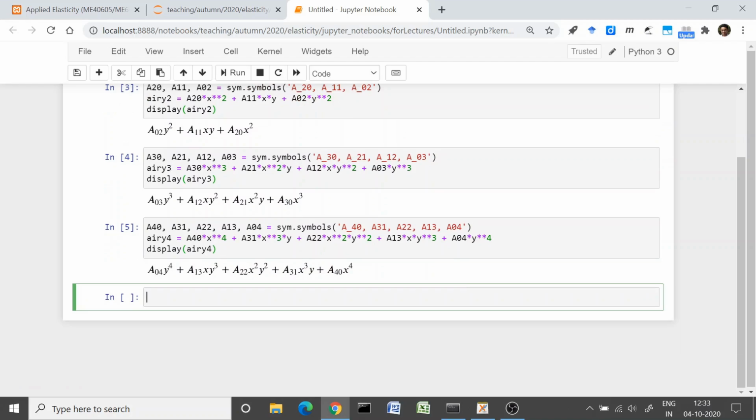And finally, for the 5th degree polynomial, we have a50, a41, a32, a23, a14, a05 equal to sim.symbols a50, a41, a32, a23, a14.